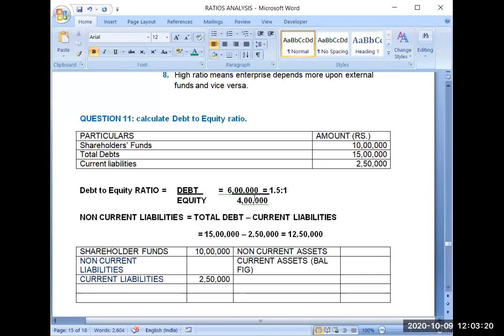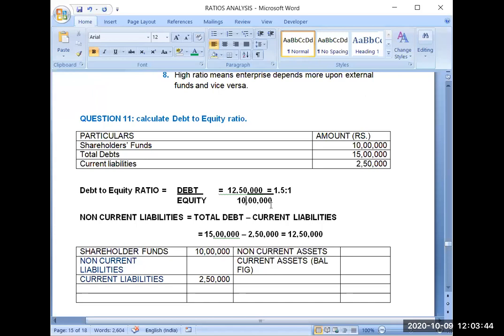Now equity is already given in the question, 10 lakh. So I will put here debt 12,50,000 and my equity will be 10 lakh.